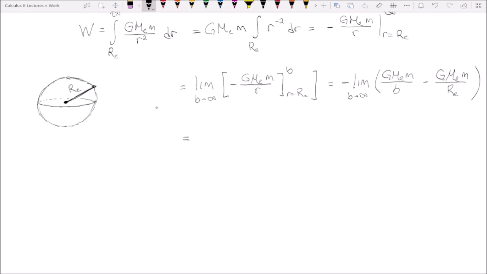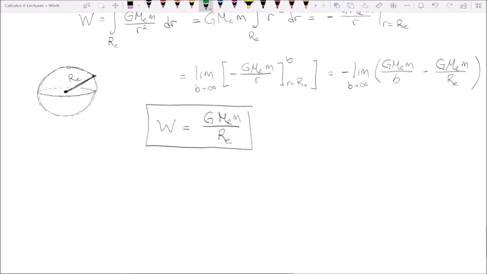Well, that first term goes to 0, so we're left with G m_e m over r_e. This is the work required to move an object infinitely far.